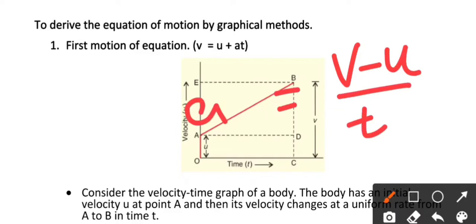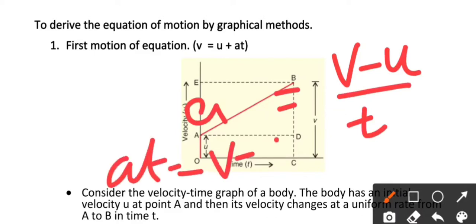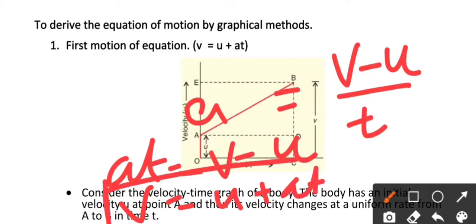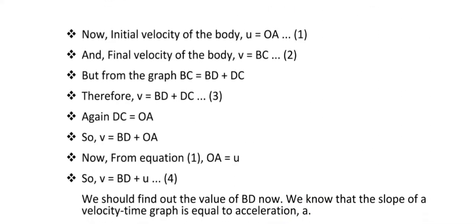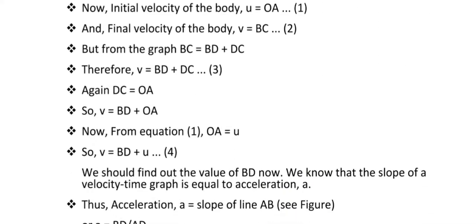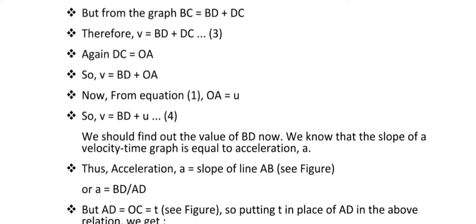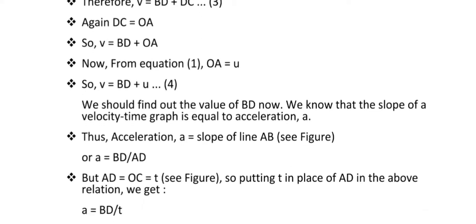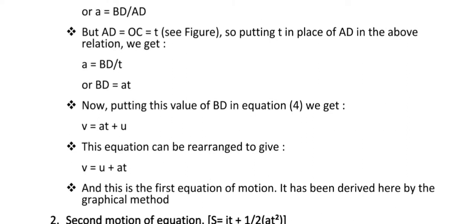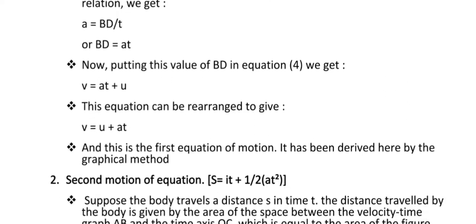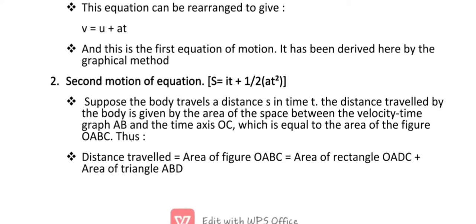Just rearrange them and we get at = v minus u, and so v = u + at, the first equation of motion.